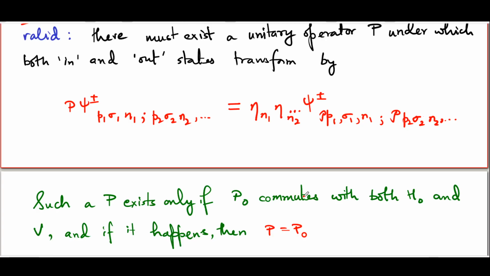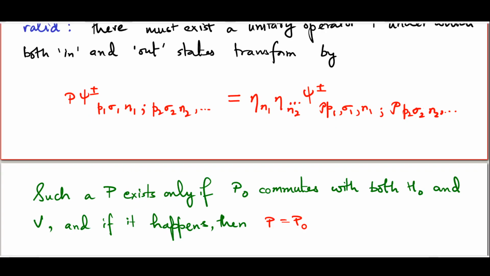So, the important point here is, if parity is a symmetry, and as we will see later, it is really important to be aware that the answer to this question could be no, then you have a unitary operator capital P which acts on the in and out states in this particular manner. Just by changing the four momenta by parity reversal, not changing any other indices, and multiplication by phase factors, which are the so-called intrinsic parities for each of the particles.